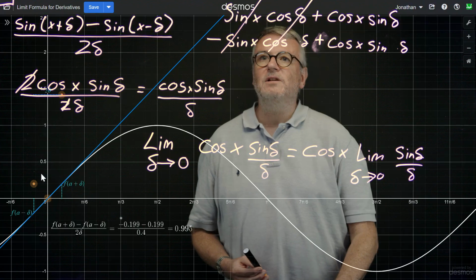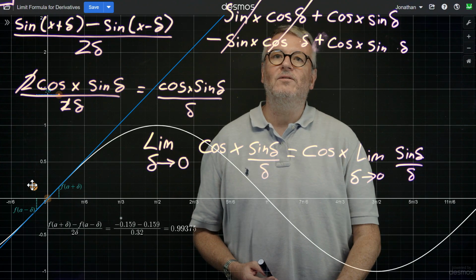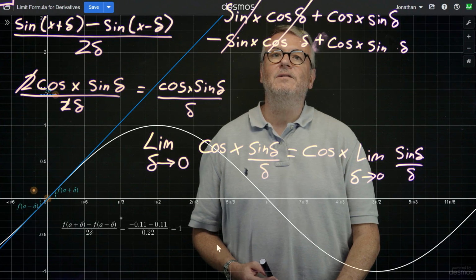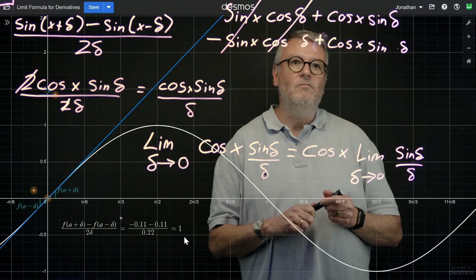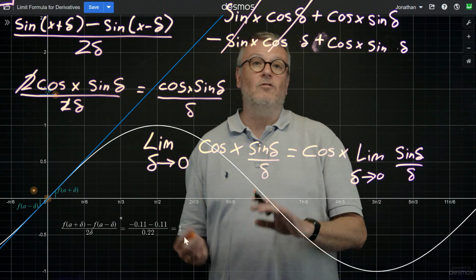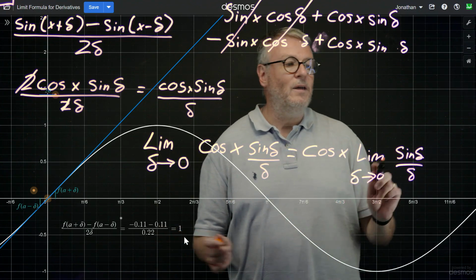So I can model this behaviour by moving this down to 0, and you can see that what ends up happening is we get to 1. This is horribly unrigorous mathematics because we've just used a graph to work out what we think is happening. Nothing wrong with that at all.